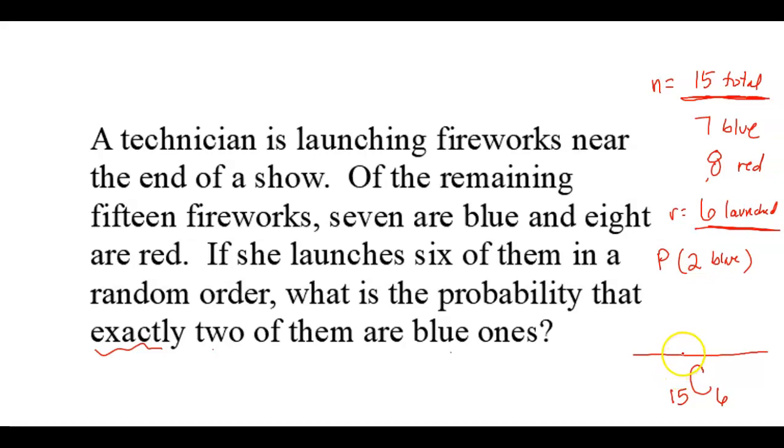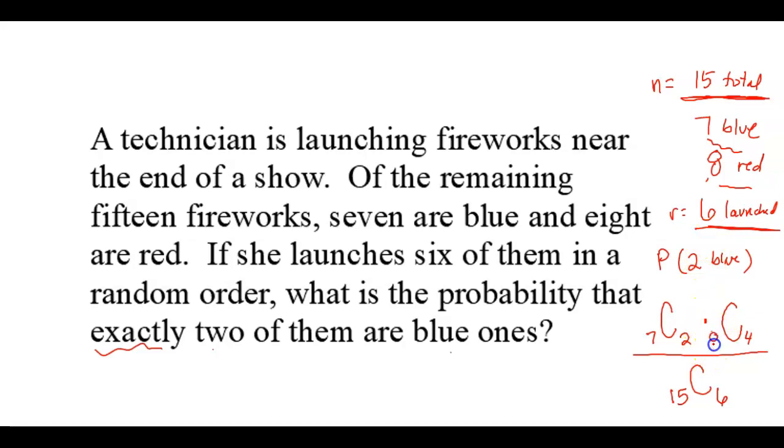So now I need to think about the probability then of getting exactly 2 blue ones. There are 7 blue ones altogether, so of the 7 available blue ones, I'm going to choose 2 of them. And if I'm choosing 2 blue ones, and I'm choosing 6 altogether, that means 4 of them are going to have to be red.